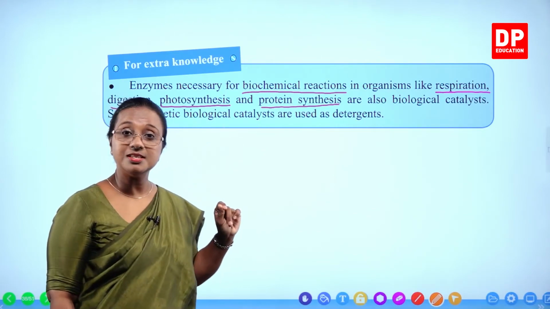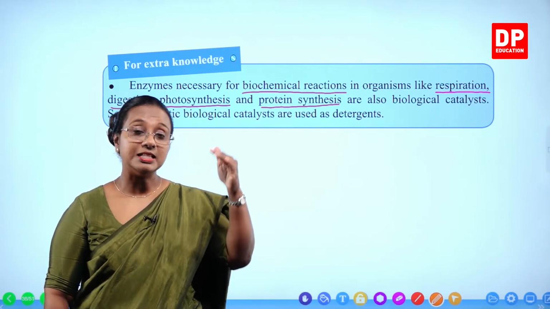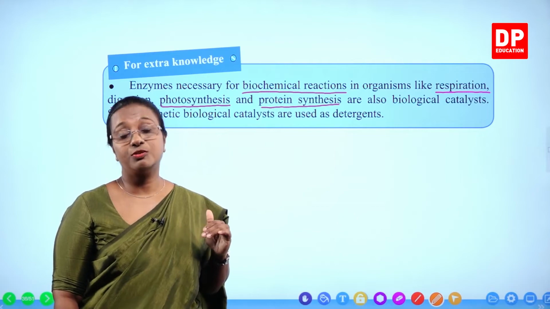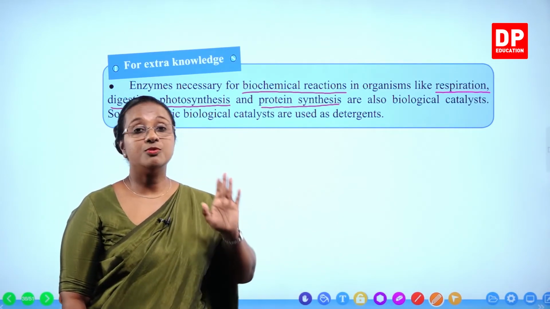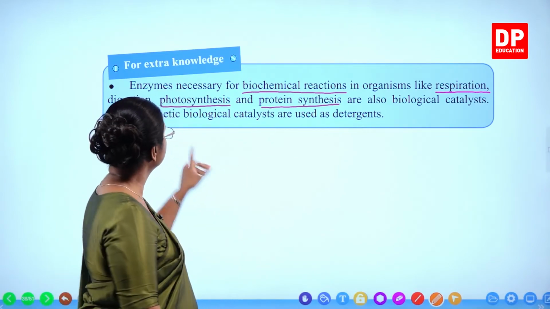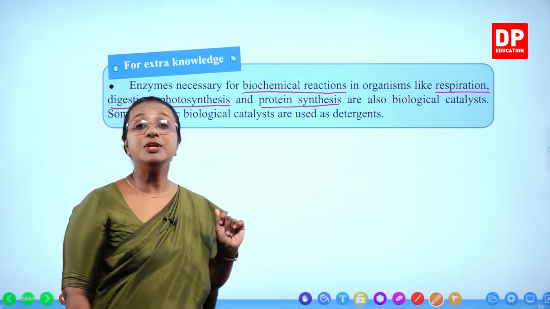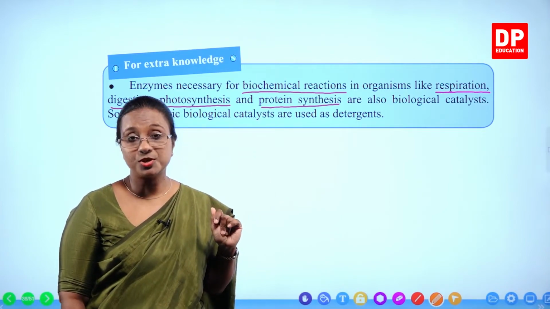Then photosynthesis, you remember that also. Carbon dioxide and water, in the presence of sunlight or light energy, inside chlorophyll. You need to have chlorophyll. So there glucose is produced and oxygen is produced as the byproduct. So there are many chemical reactions. Then protein synthesis. Protein synthesis takes place in the ribosomes of the cell.